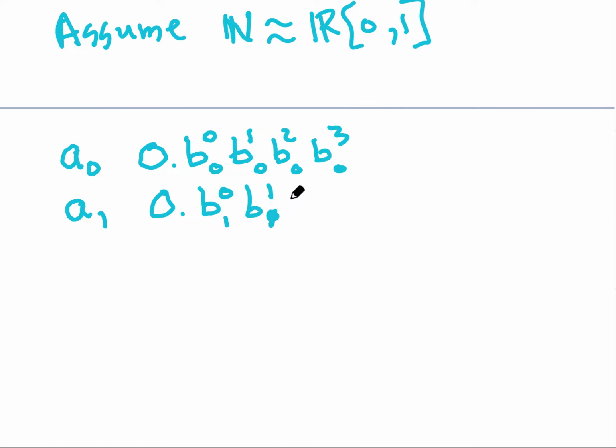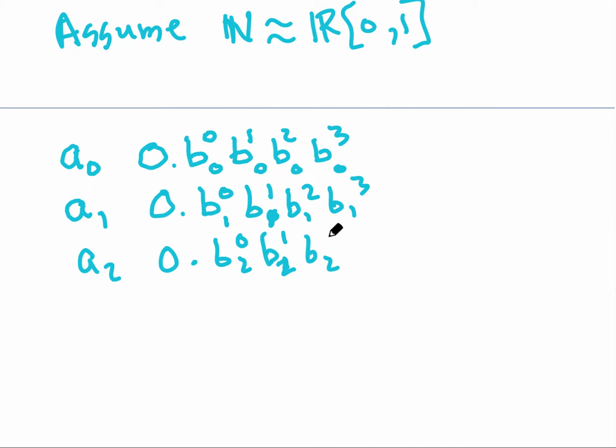Oops, this is a 1, sorry. And so forth. And then A2, we just continue this way. Now all these B's, they're all going to be either 0 or 1, because in base 2, those are the only digits we have. So these go infinitely this way and infinitely this way.